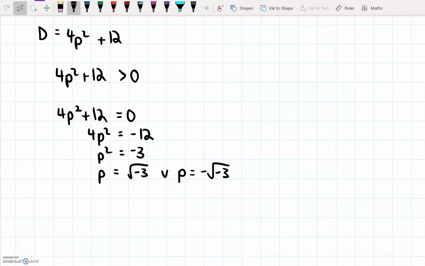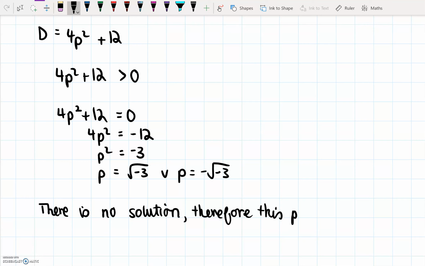So that's one scenario that you may come across. So there is no solution. Therefore, this parabola will never cross the x-axis.